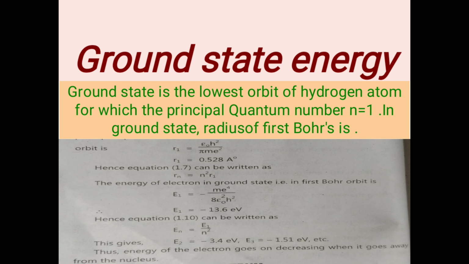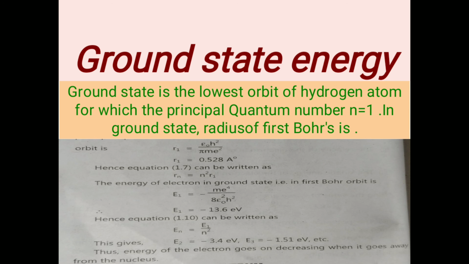All terms are constant, so we can find its value, that is r1 equal to 0.528 angstrom. Hence, the equation can be written as rn is equal to n square r1.